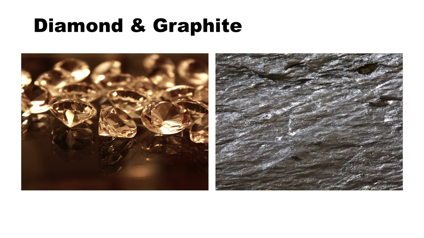Diamond is electrically insulating, while graphite can be used to make electrodes. Do you know why they are so different, although they are both made of carbon? The answer lies in their atomic structures.